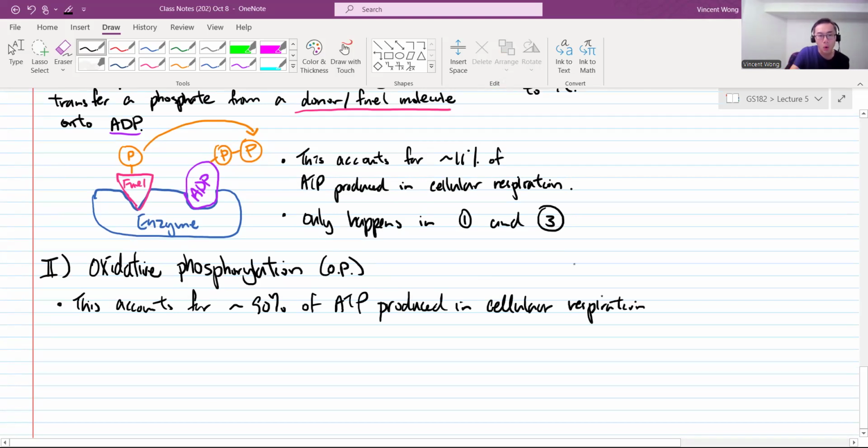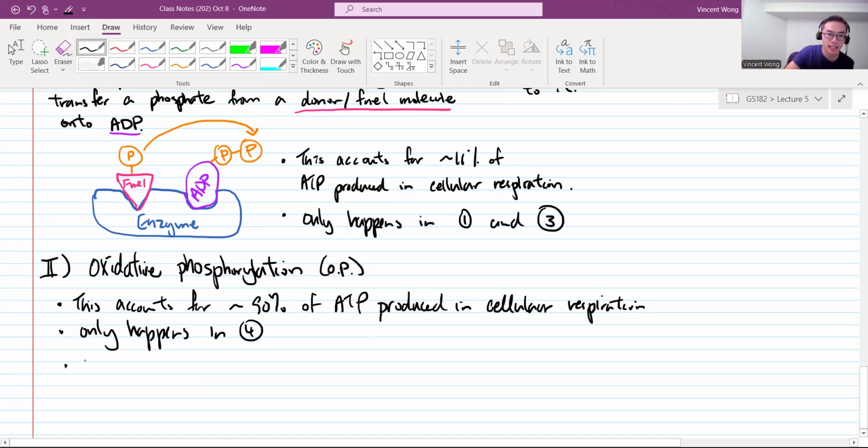I know, 90 plus 11 is over 100, but 90 is easier to remember than 89. It's approximately anyway, so don't get too hung up on that. This only happens in the ETC, step 4.